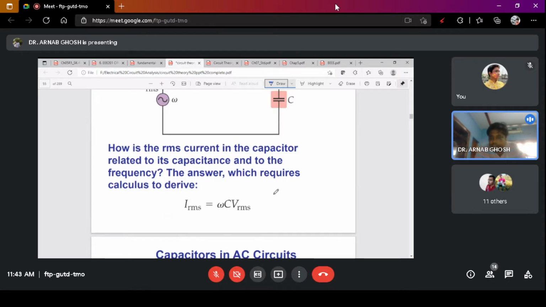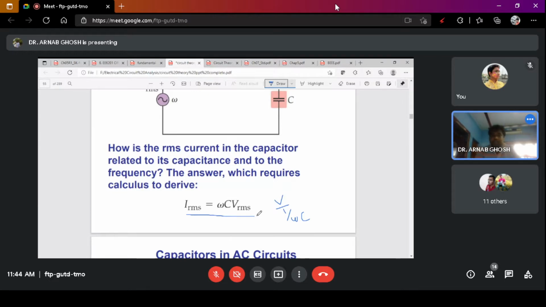IRMS should be equal to VRMS divided by the capacitive reactance, that is VRMS divided by 1 by omega C. This is how you write the capacitive reactance, 1 upon omega C. Now, when you are calculating IRMS, this omega C will go up and this will be written as IRMS equal to omega C into VRMS.